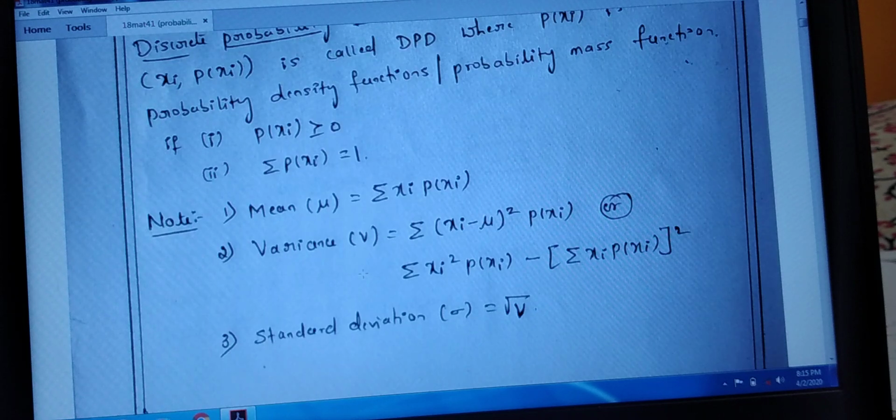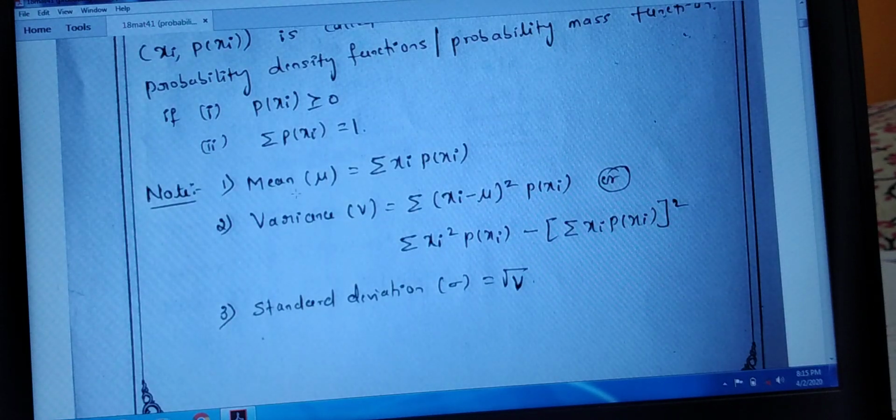Next we have a note with three formulas. The first is the mean, denoted by mu, which equals the summation of xi into p of xi.